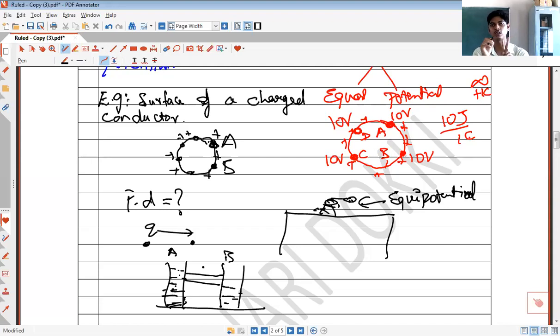If there is no potential difference between 2 points, the charge doesn't flow between those 2 points.